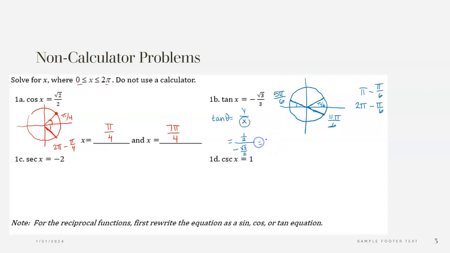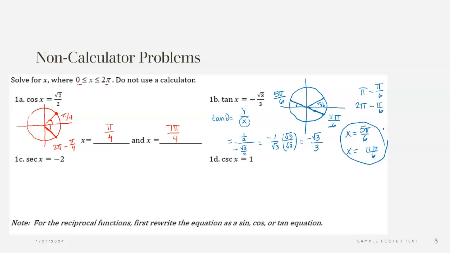If I divide those out, I get negative 1 over root 3. I have a square root of 3 in the denominator, so I do root 3 over root 3 to get rid of that square root of 3 in the denominator, and I get negative root 3 over 3. So that's the correct value. So my two values are x equals 5 pi over 6 and x equals 11 pi over 6.